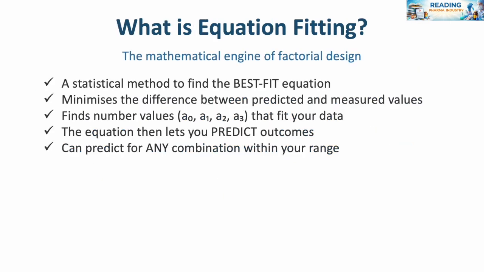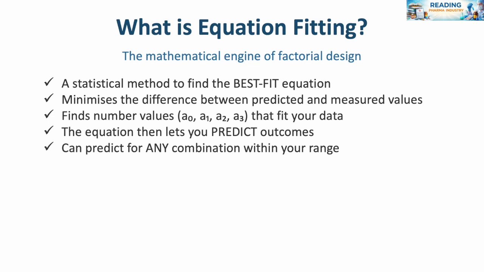Let's step back and understand what regression actually does. Regression is a statistical method that finds the best fit equation for your data. Imagine you have 9 data points scattered in space. There are definitely many possible equations that could be drawn through them.